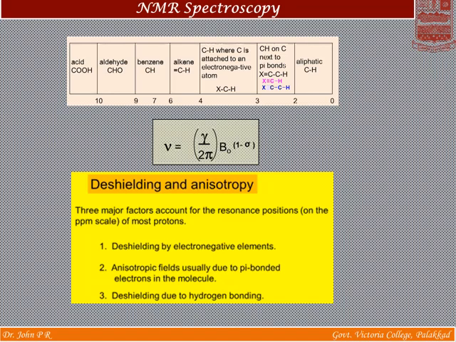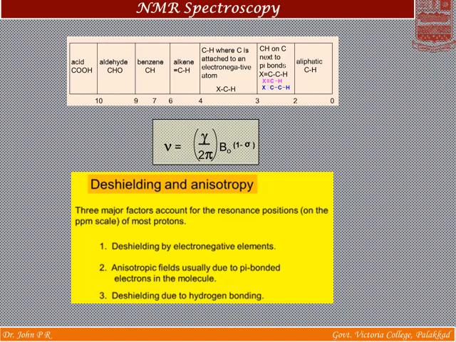We know that the electron cloud that surrounds the nucleus also has a charge motion, and hence a magnetic moment. This magnetic field generated by the electrons alters the B0 field in the microenvironment around the nucleus.